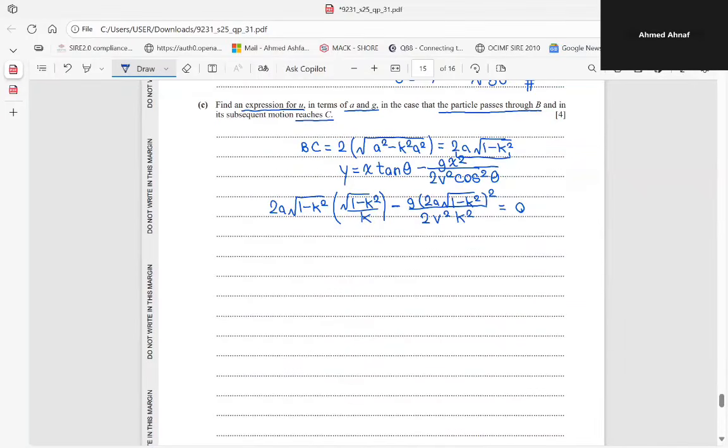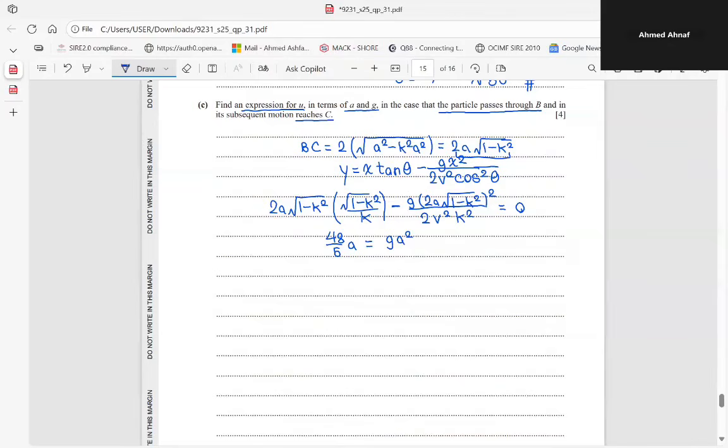Now let's simplify all the k's. So 1 minus k squared is 1 minus 1 over 5 squared, divided by 1 over 5, gives 24 over 5 times 2, 48 over 5a, equals g times 2a times square root 1 minus k squared, the whole thing squared.